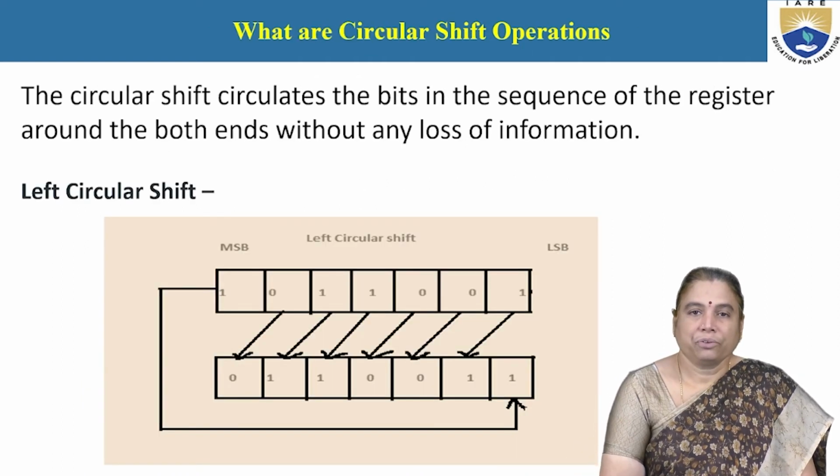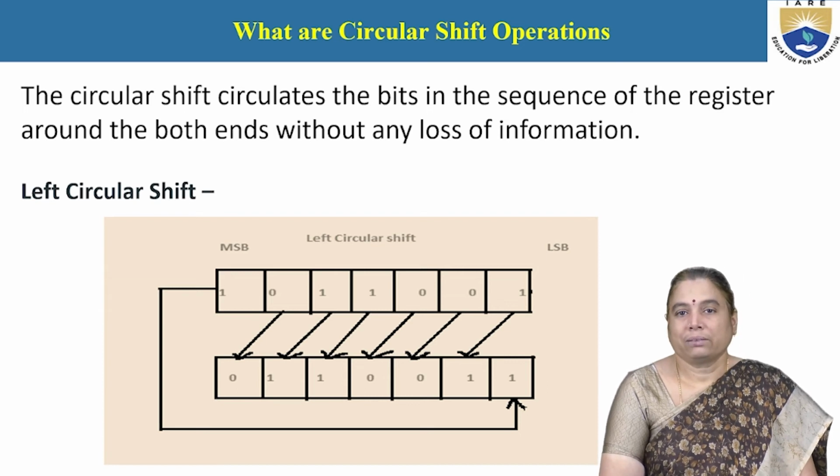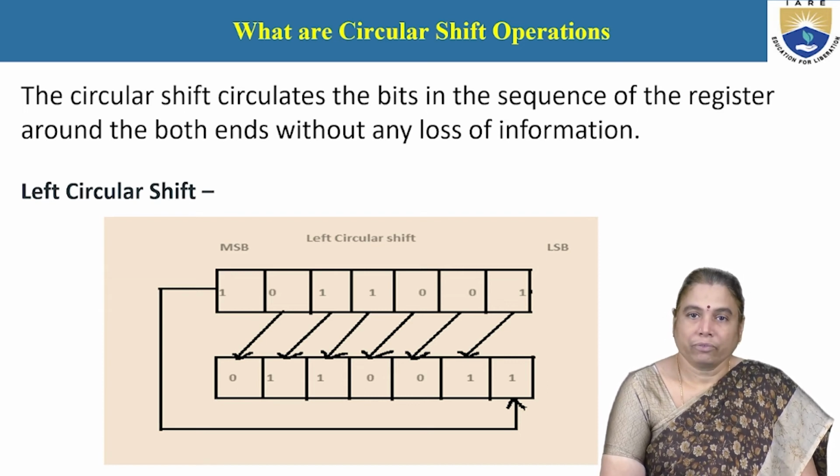What are circular shift operations? The circular shift circulates the bits in the sequence of the register around both ends without any loss of information. So in the previous cases, there is a loss of information. To avoid that, the third type of shift operation can be used, that is the circular shift operation.